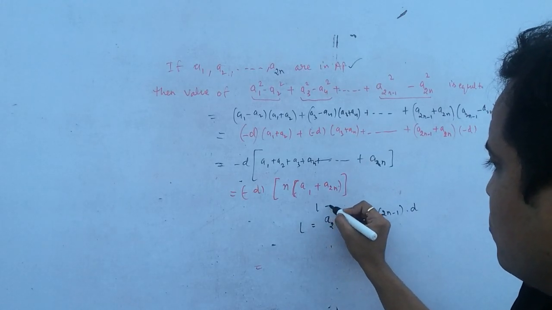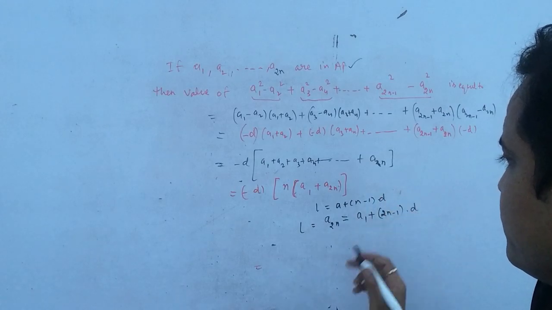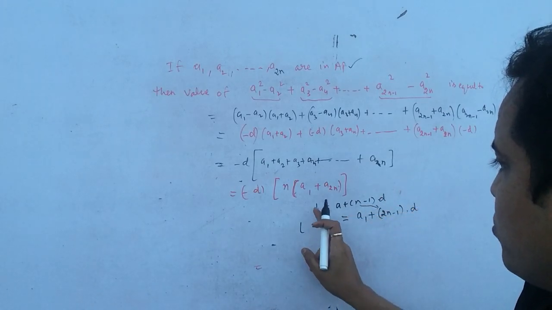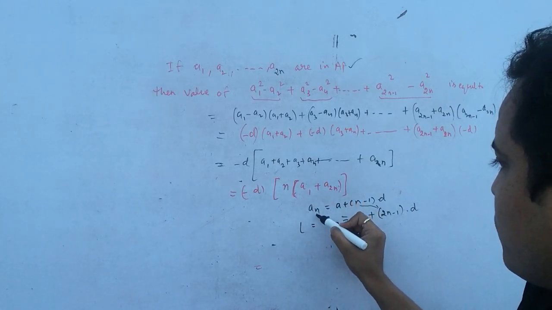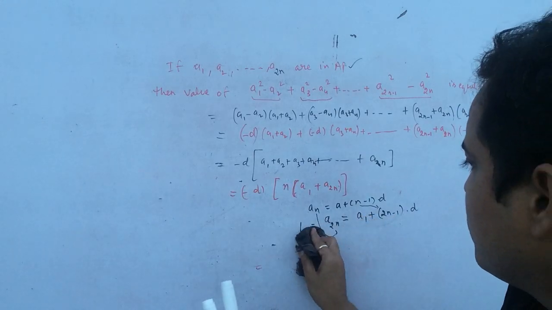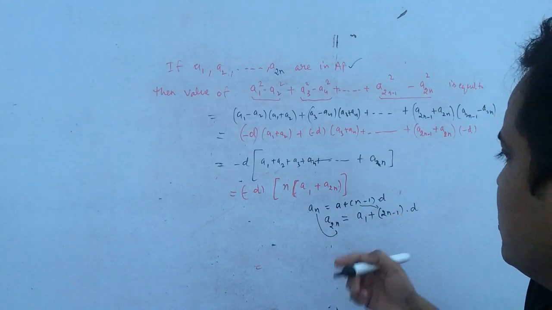So I have used this formula, okay. So at the place of n you have 2n, that's why we are putting 2n instead of n here.